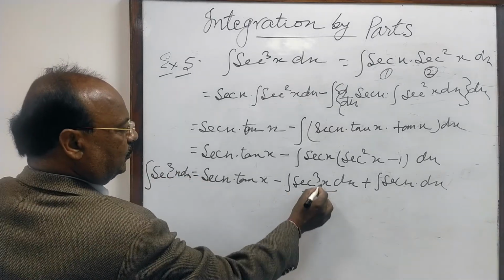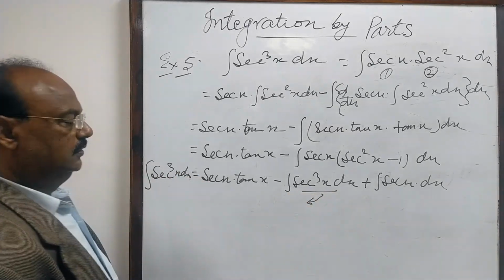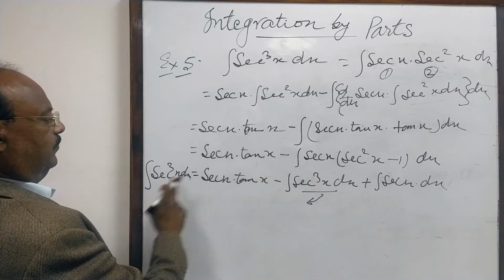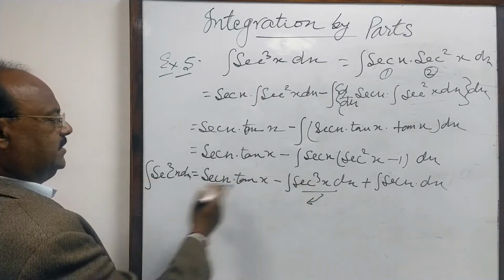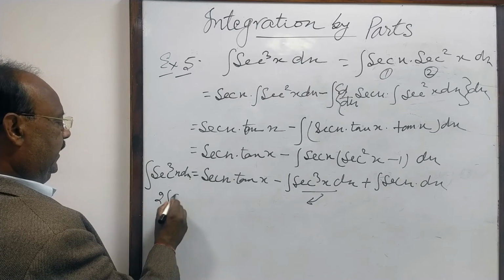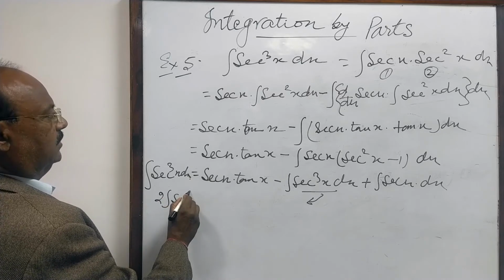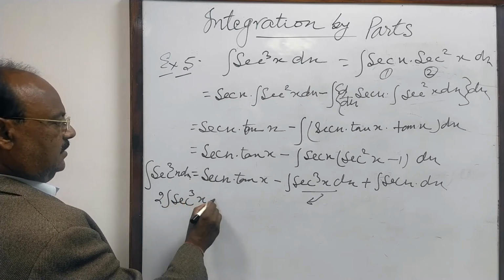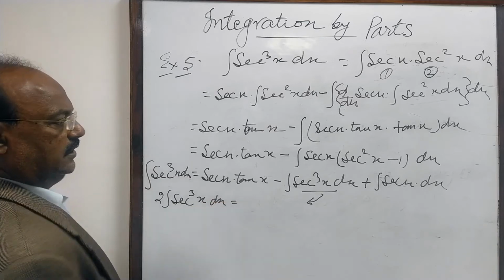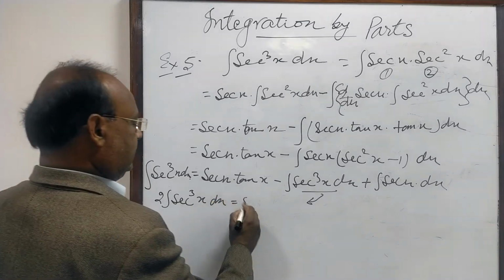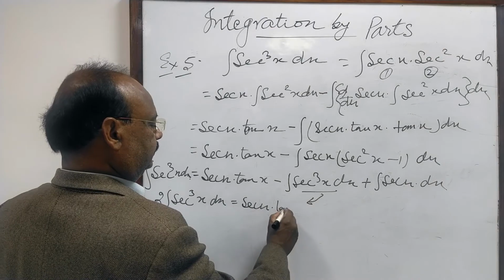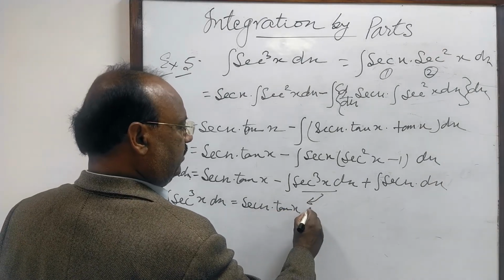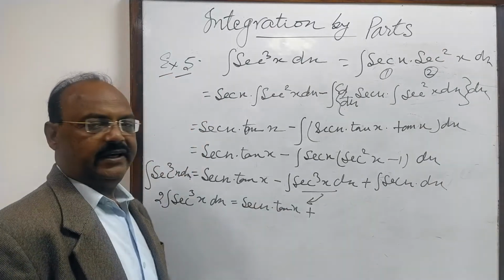Now we will transpose this term to left hand side. Same terms are here. So here left hand side we can write 2 integral of sec cube x dx is equal to, this is sec x tan x and plus integral of sec x.